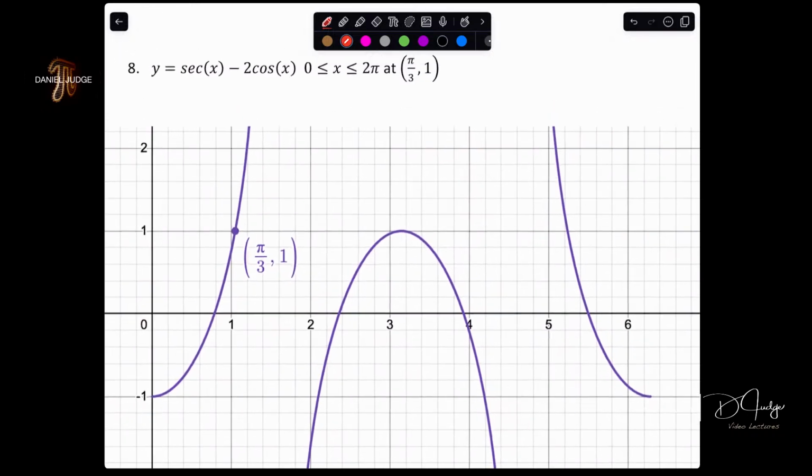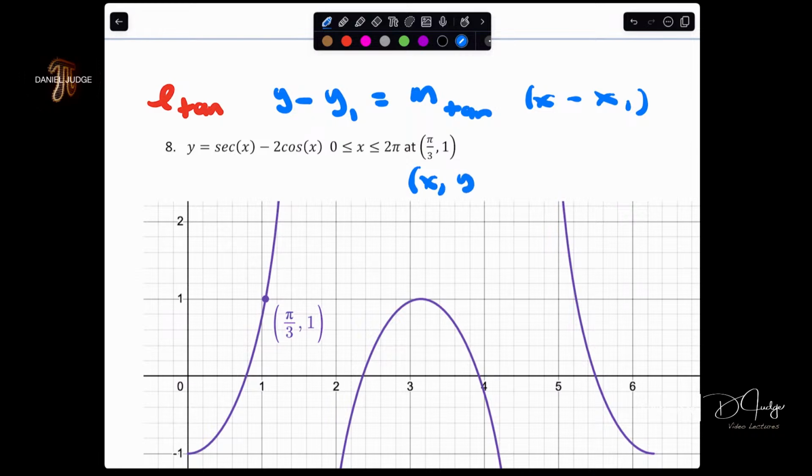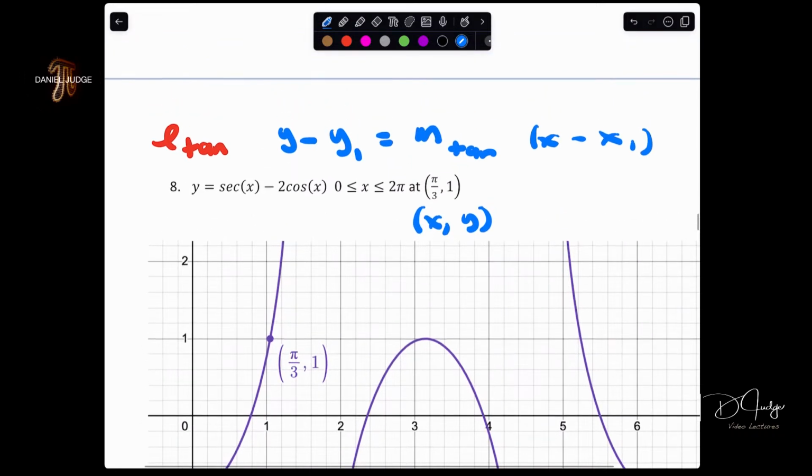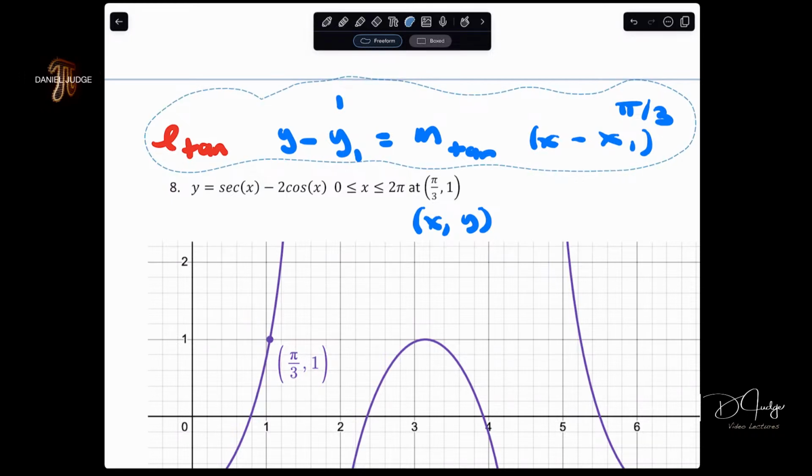Didn't really matter, but for finding L tangent, y minus y1 is m tangent times x minus x1. So here's the x-coordinate, the y-coordinate. So the y-coordinate is 1, and the x-coordinate is pi over 3. So let's write this all down, or bring it down. Maybe we'll just bring everything down.